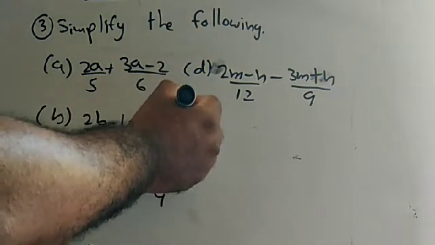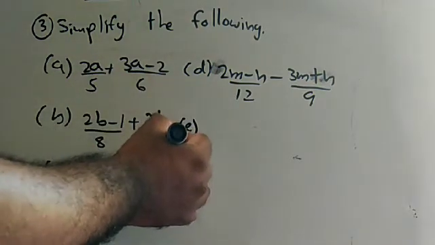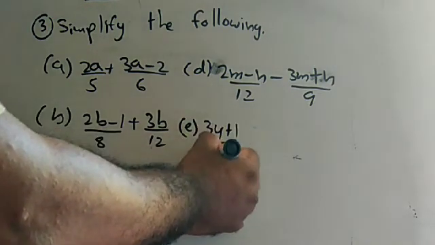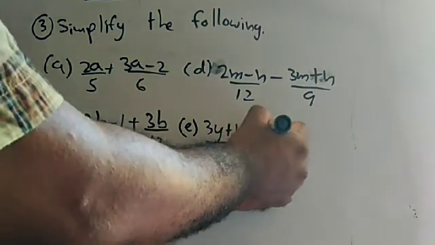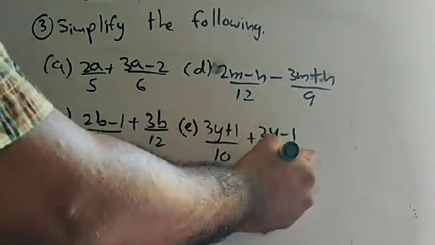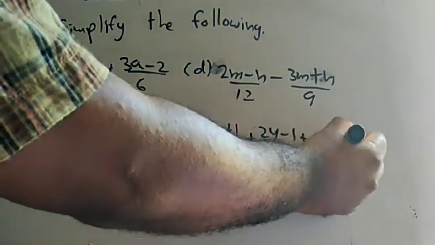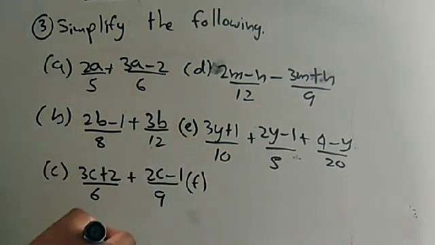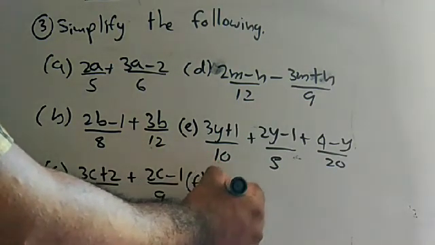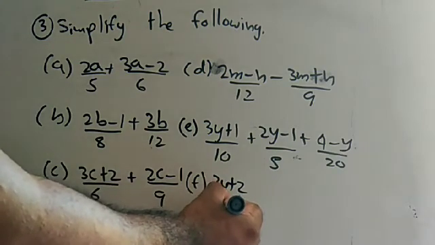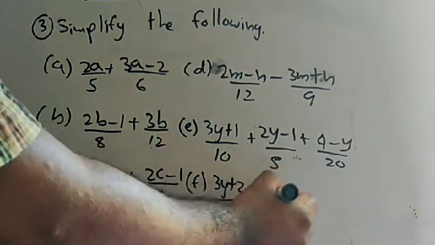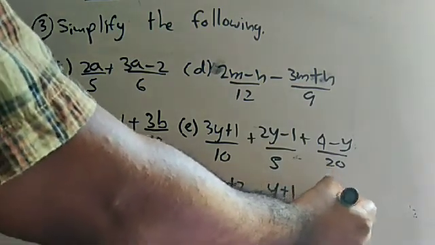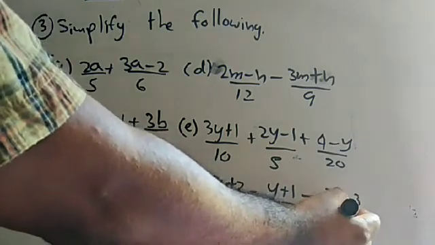Then E, (3y + 1)/10 plus (2y − 1)/5 plus (4 − y)/20. F, (3y + 2)/3 minus (y + 1)/4 minus (2y − 3)/8.